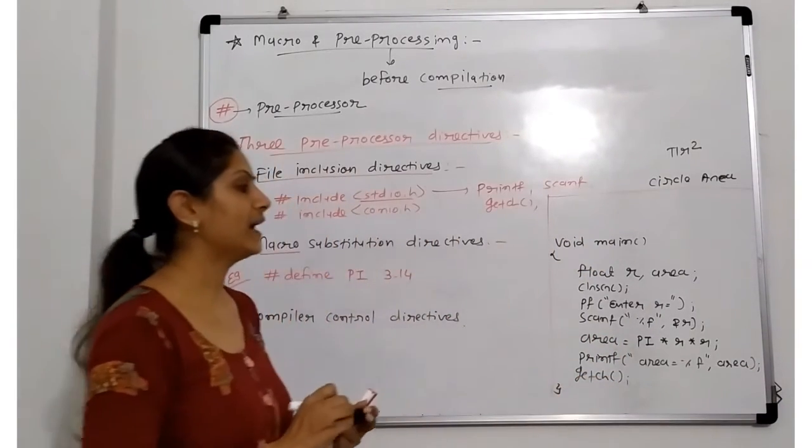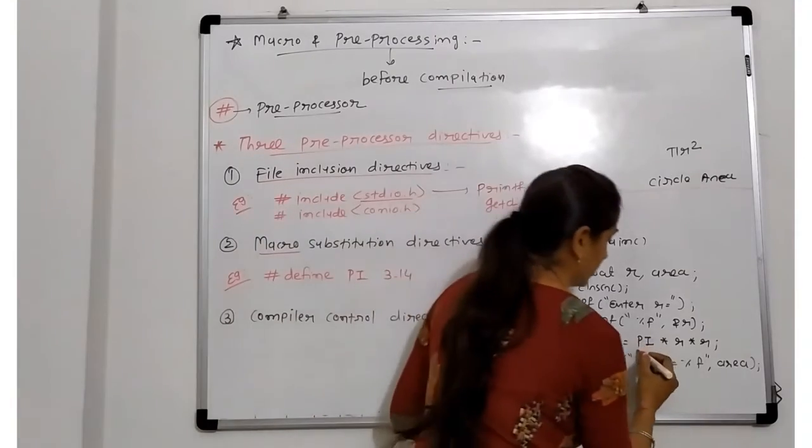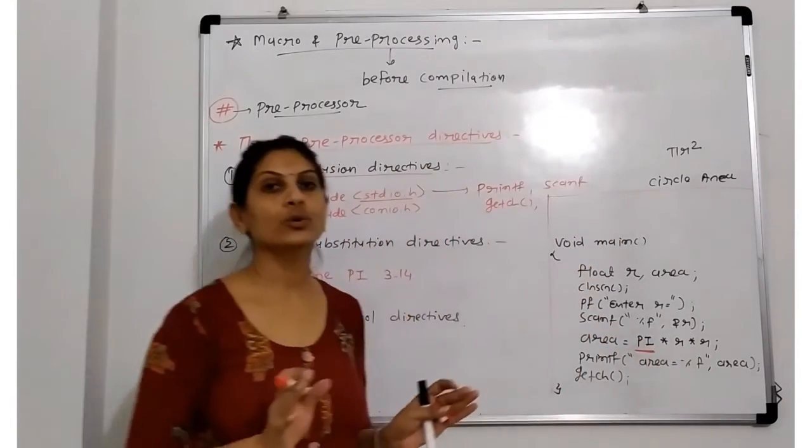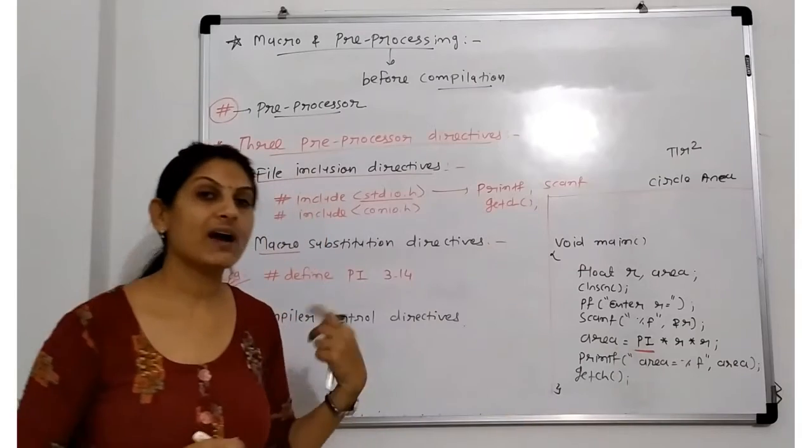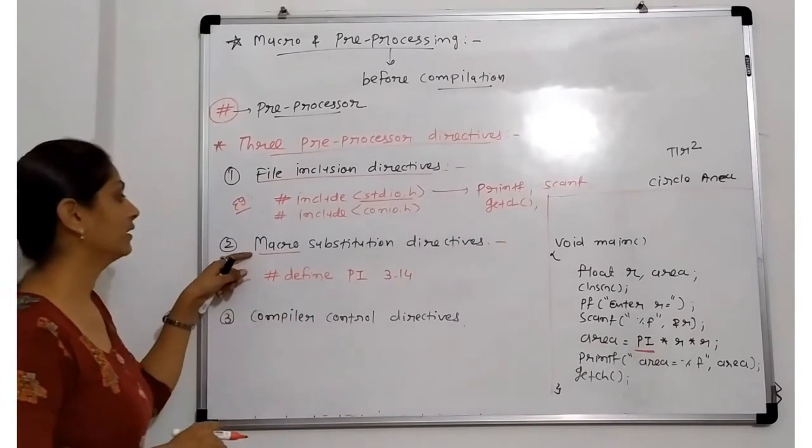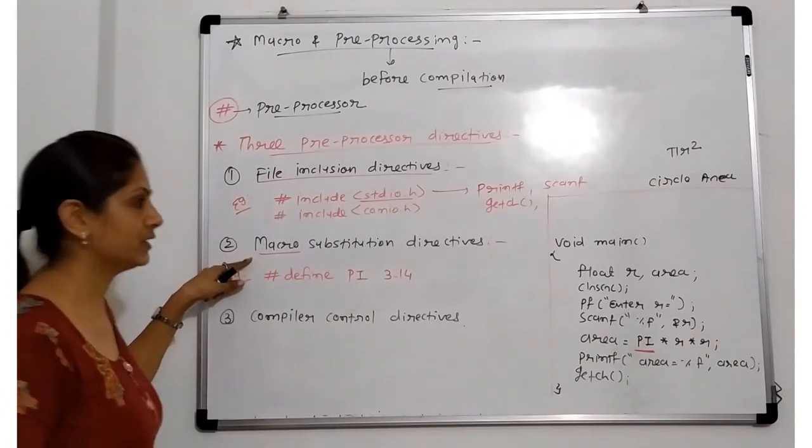Now, whenever we write pi here, the value of pi is not known in our program, so we have to define it using a macro substitution directive.